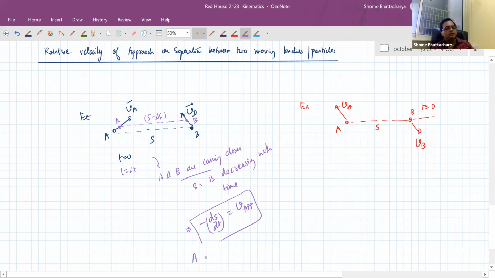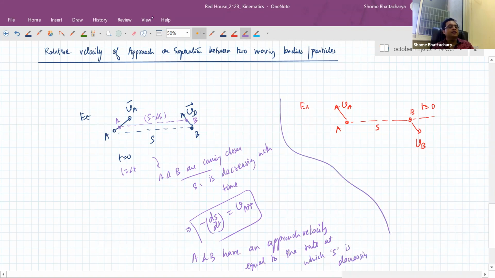So A and B in this case have an approach velocity, which equals the rate at which the distance between them s is decreasing.